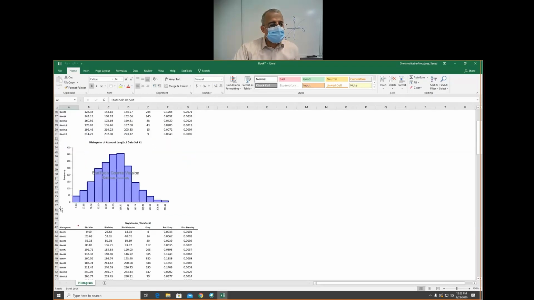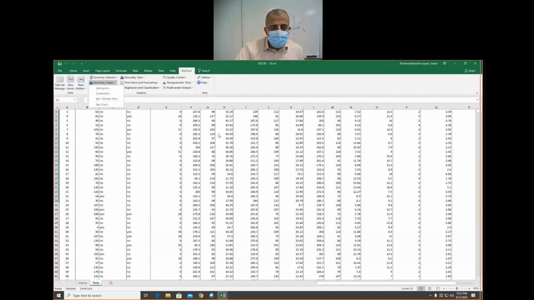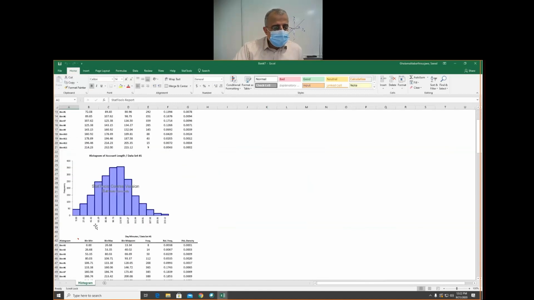Okay. So from this histogram, you can see we have a symmetric distribution. This is a symmetric normal distribution.